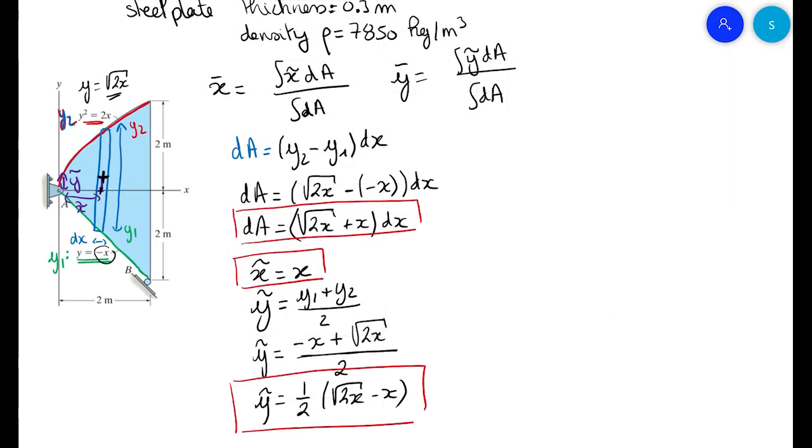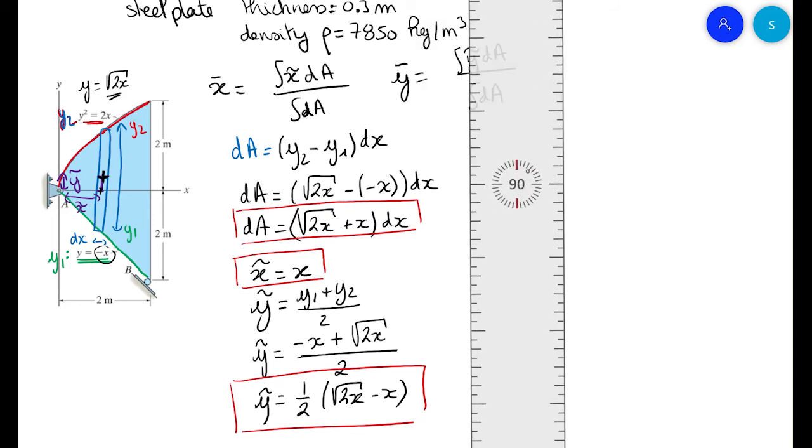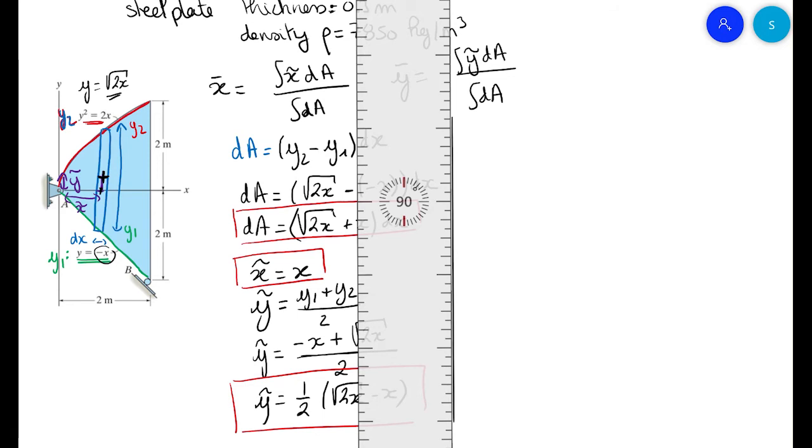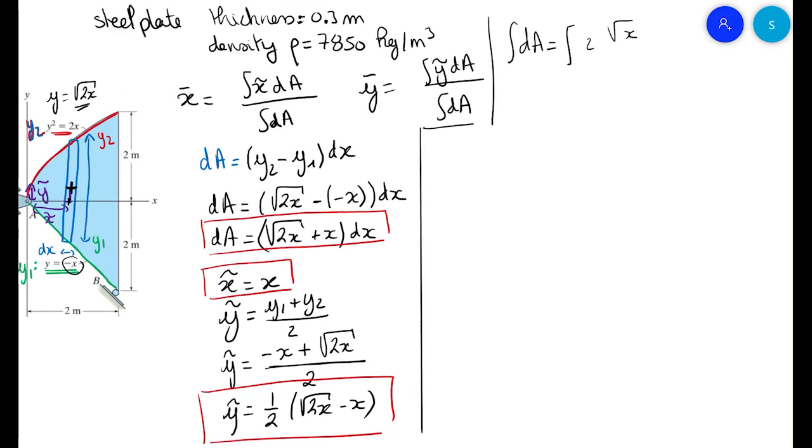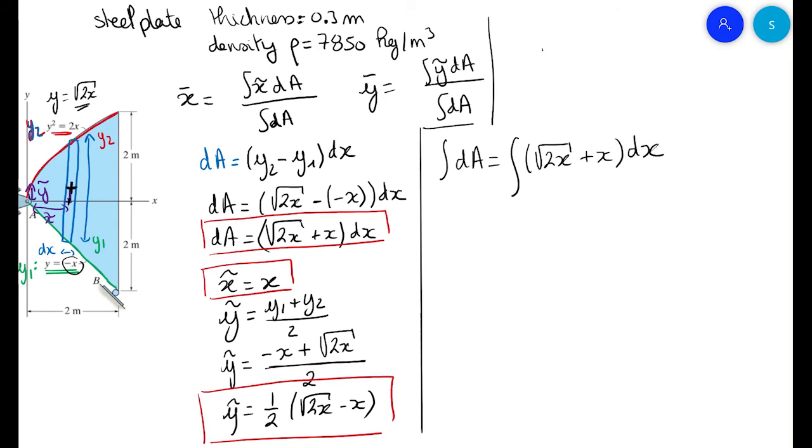So let's find the integral of dA. It is equal to the integral of the square root of 2x plus x, dx, with x from 0 to 2. Let's plug that in the calculator.